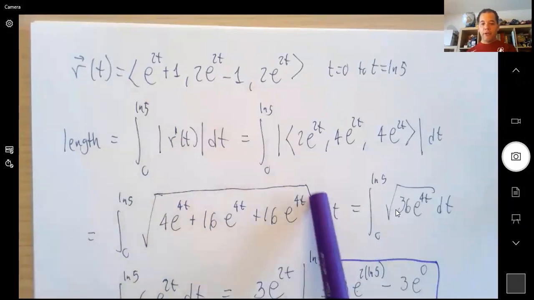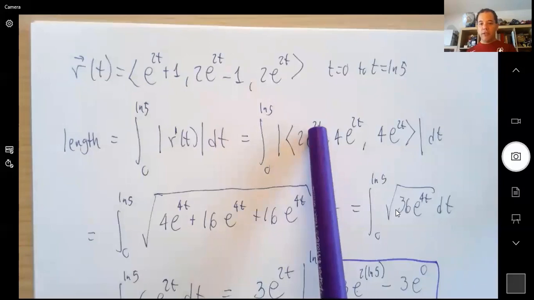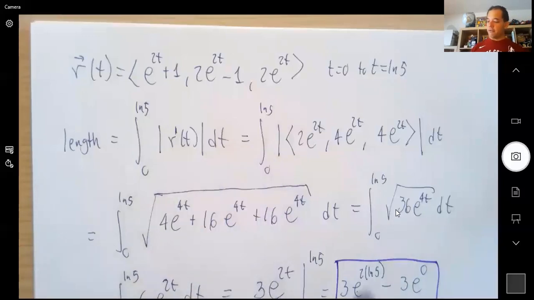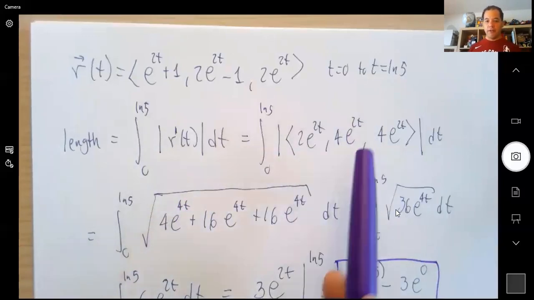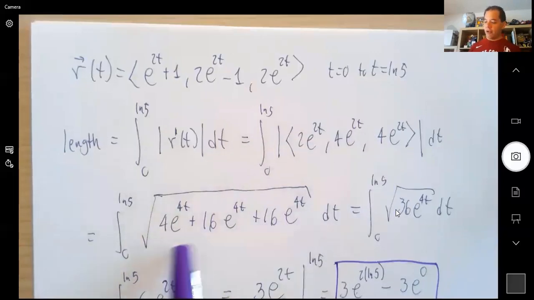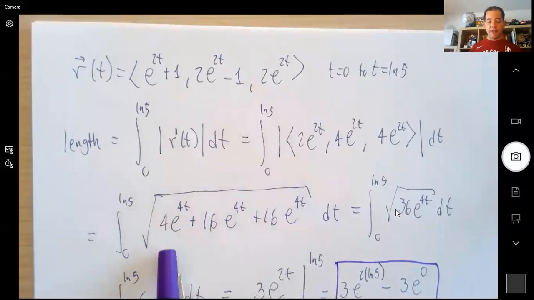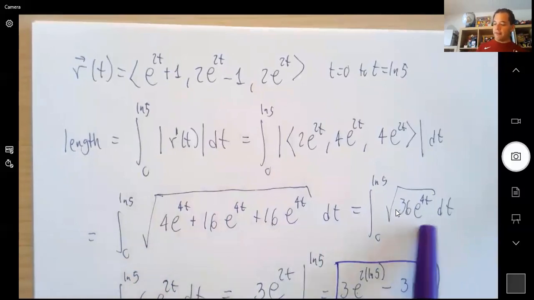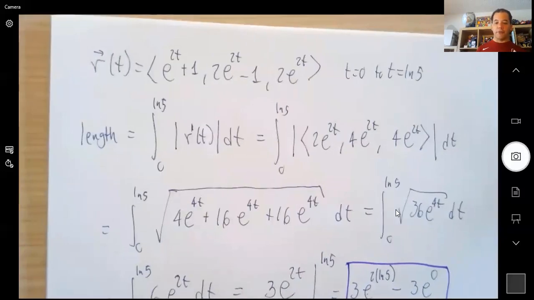And be careful with the rules of the exponents. When you square e to the 2t, it is e to the 2t to the second power, so the exponents multiply themselves. So it's 2t times 2. That's why you get 4t over here. Same thing here, 4t and 4t. And then we were lucky that these are all the same kind of things, so you could add them up and then simplify and get rid of the square root.